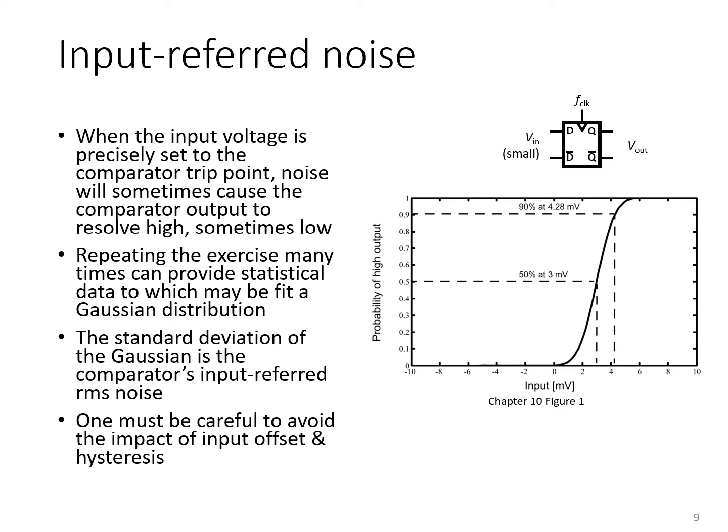As you know, the noise model of transistors depends on their bias point, and because the nodes in a comparator are experiencing wide voltage excursions, the bias points of all the transistors involved are constantly changing.